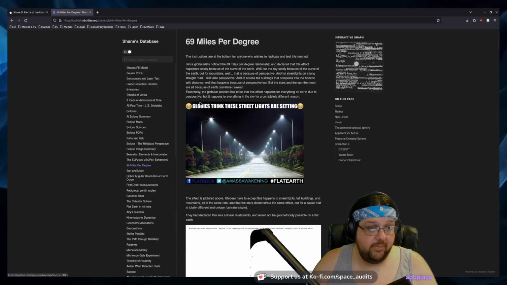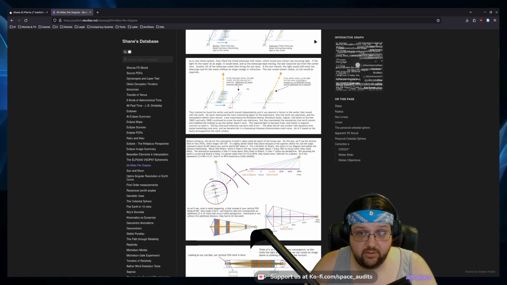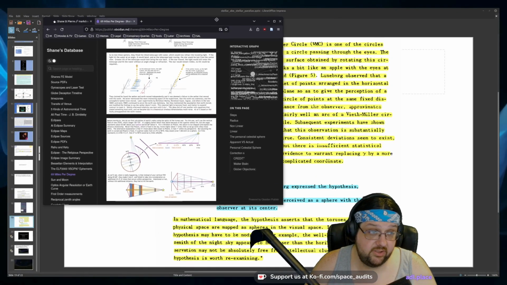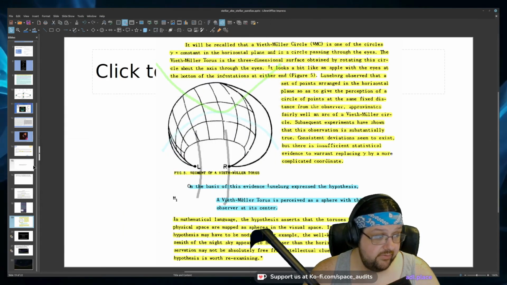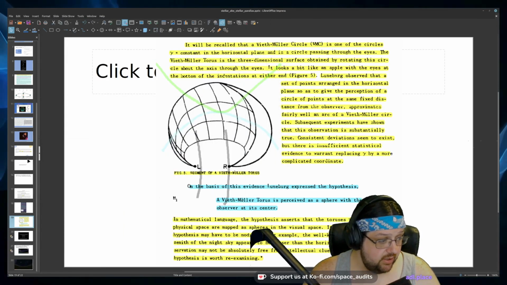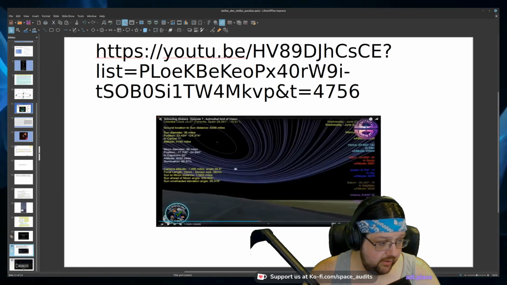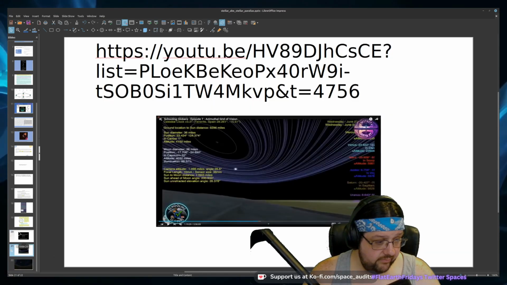So if you want to learn more about how curved visual space replaces the physical curvature of Earth that they say is supposed to be there, there's all the math to explain all of these celestial observations. When you model all this out over a plane, it would all be the same. I'm not going to bother playing the videos here for this.